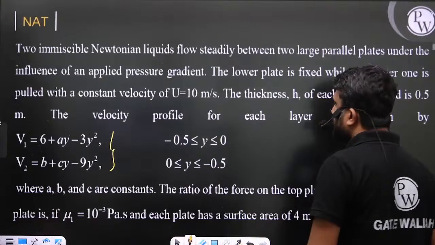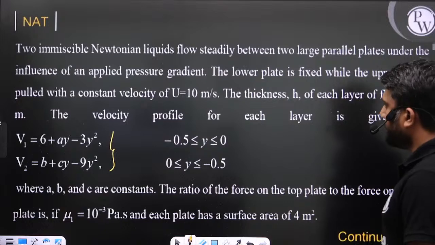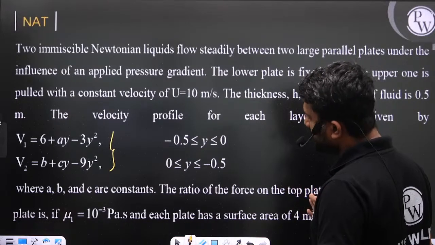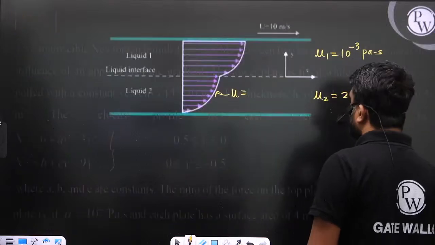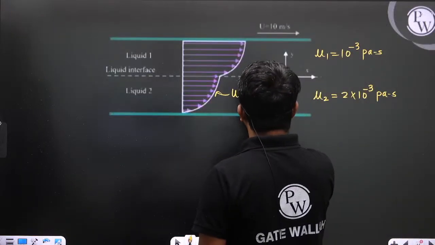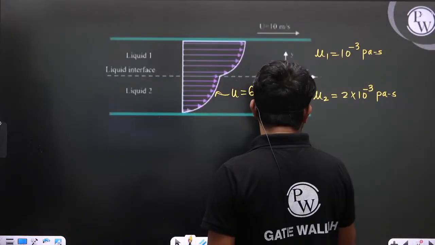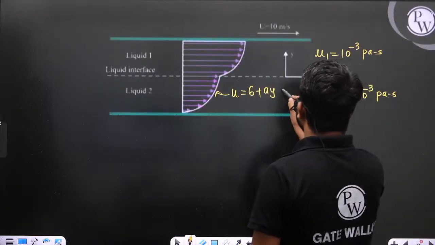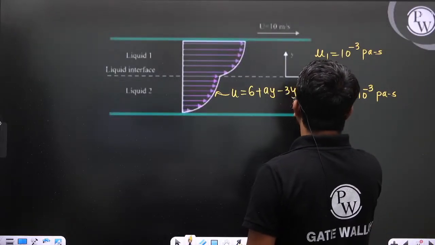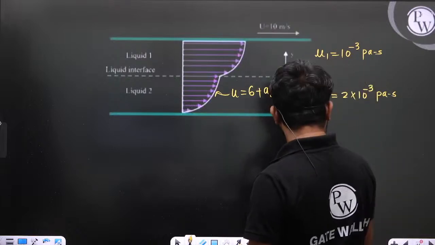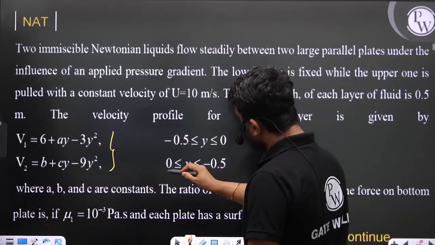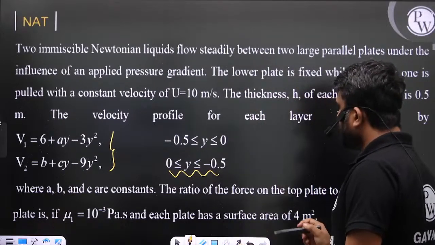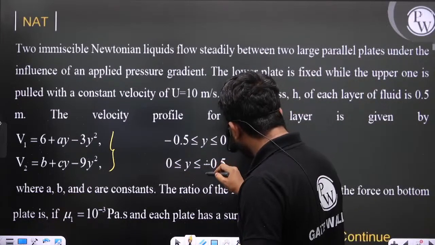Here the velocity variation is 6 plus Ay minus 3y square. Just one minute, this is plus.